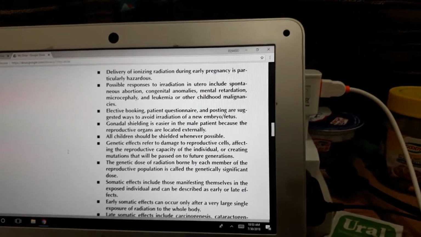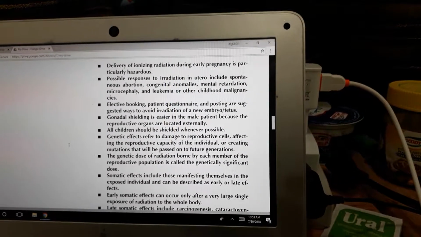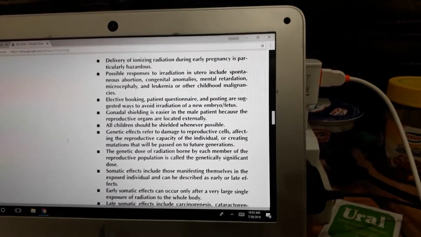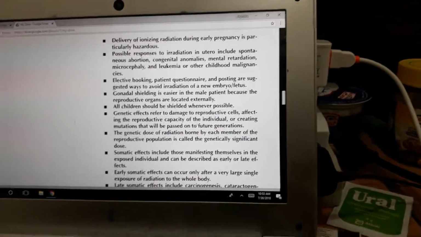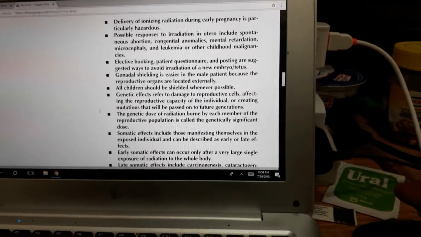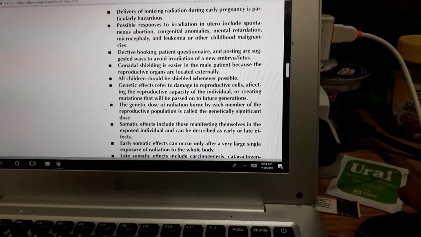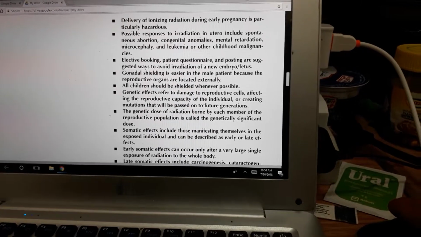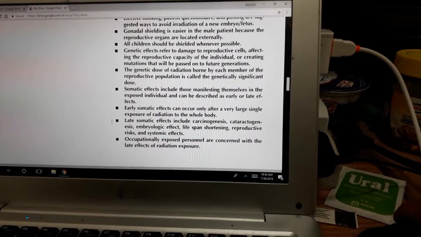The somatic effects manifest themselves in the exposed individual and can be described as early and late effects. Early somatic effects can occur only after a very large single exposure of radiation to the whole body.